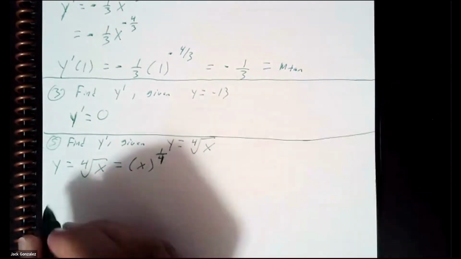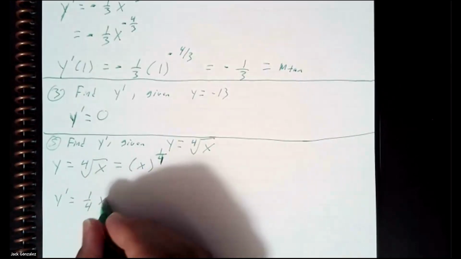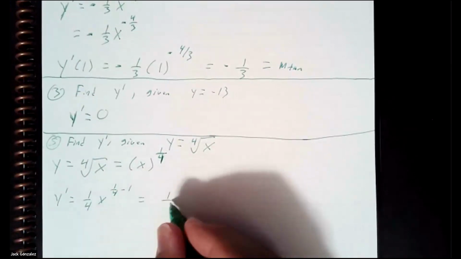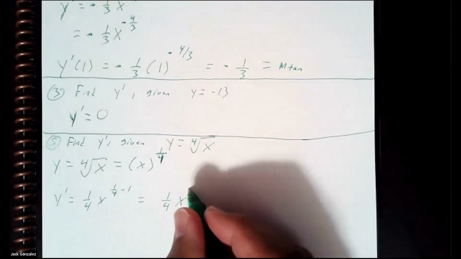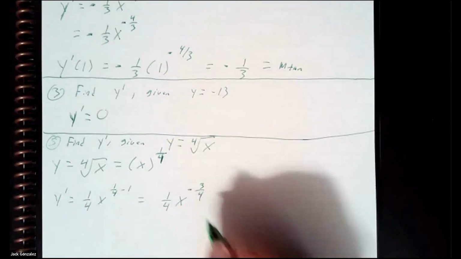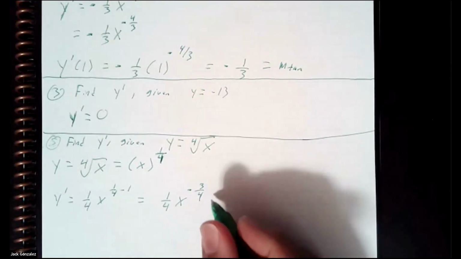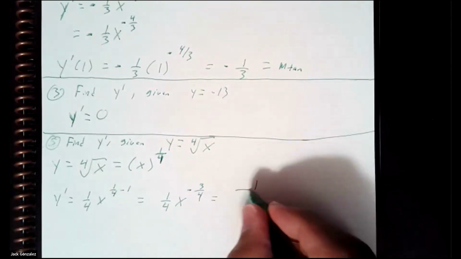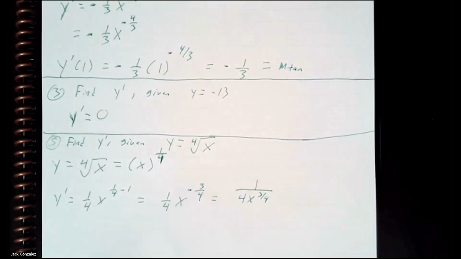Yes. So that means the derivative would be 1/4 times x to the 1/4 minus 1, and 1/4 minus 1 is negative 3/4, right? Yes. Now bring that power to the bottom. That would be 1 over 4x to the 3/4. That is the derivative.